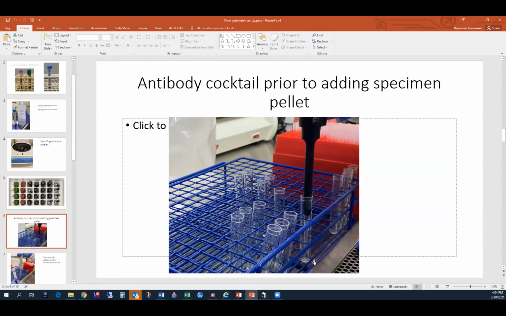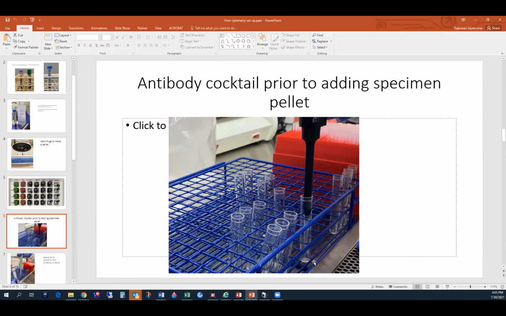For example, in one of our myeloid tubes, we have CD38, CD34, CD117, CD13, CD33, CD11b, and CD15. We have different combinations in different laboratories, depending on what you want to see. If your instrument is up to 8 color, you can add 8 antibodies in one tube, so it may not be enough to analyze all the markers that we are interested in analyzing.